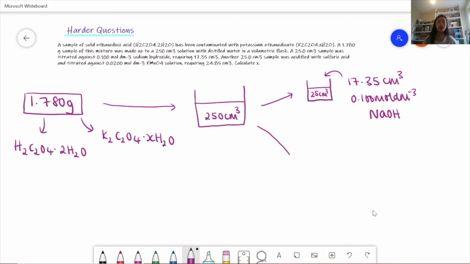And then we took another sample, another 25 centimeters cubed sample, and we titrated this with potassium manganate, and we used 24.85 centimeters cubed, and the concentration was 0.02.